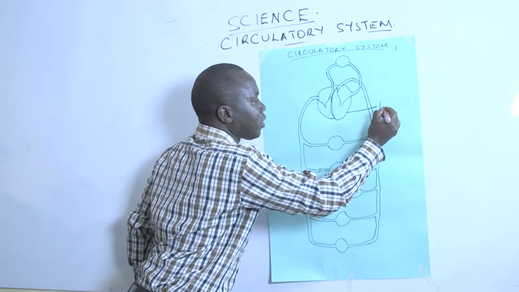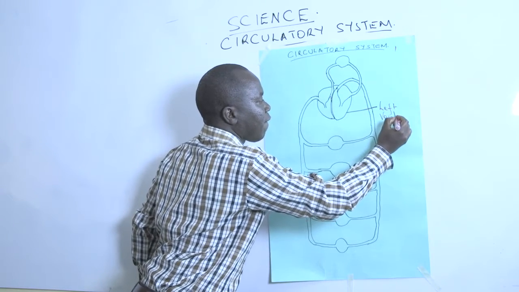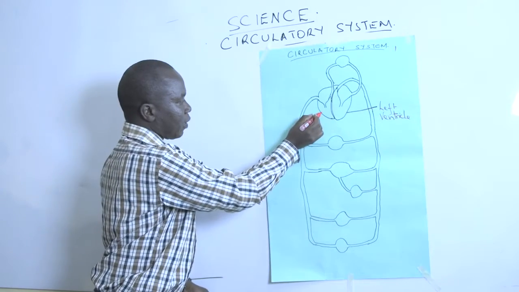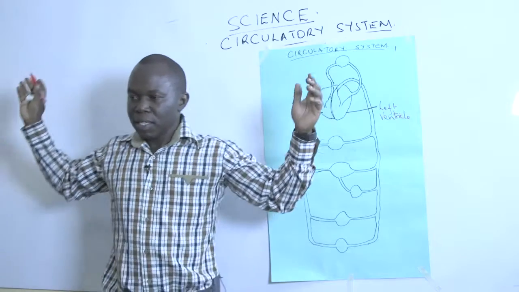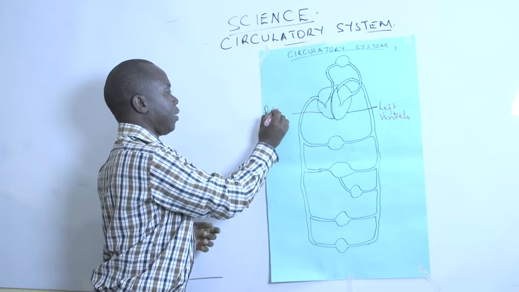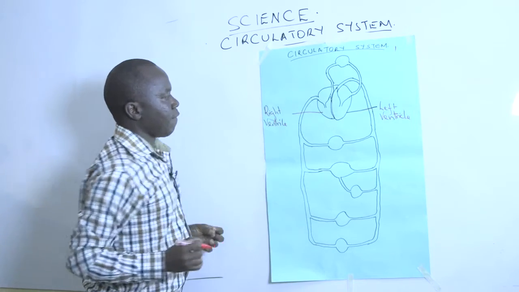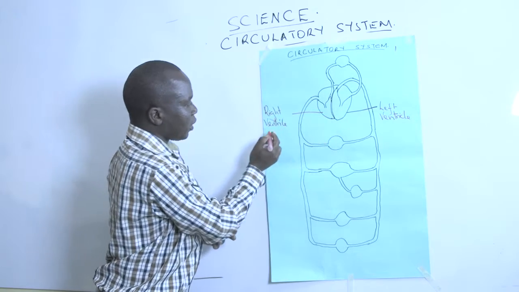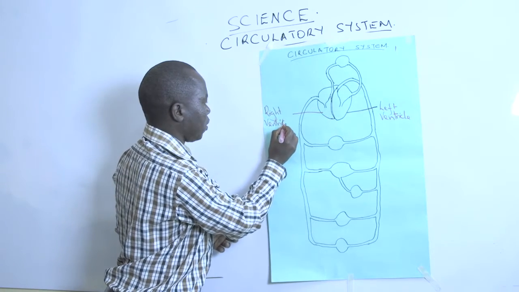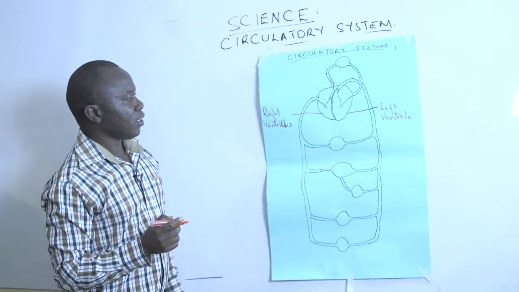So this is left ventricle. This side of the heart, right ventricle. So the two lower chambers of the heart are called ventricles, but we have the right and left ventricle.